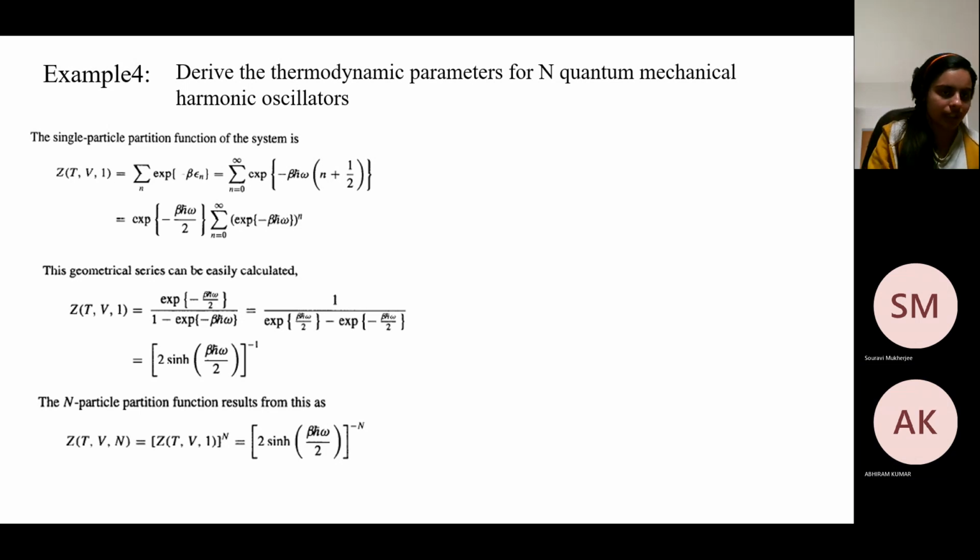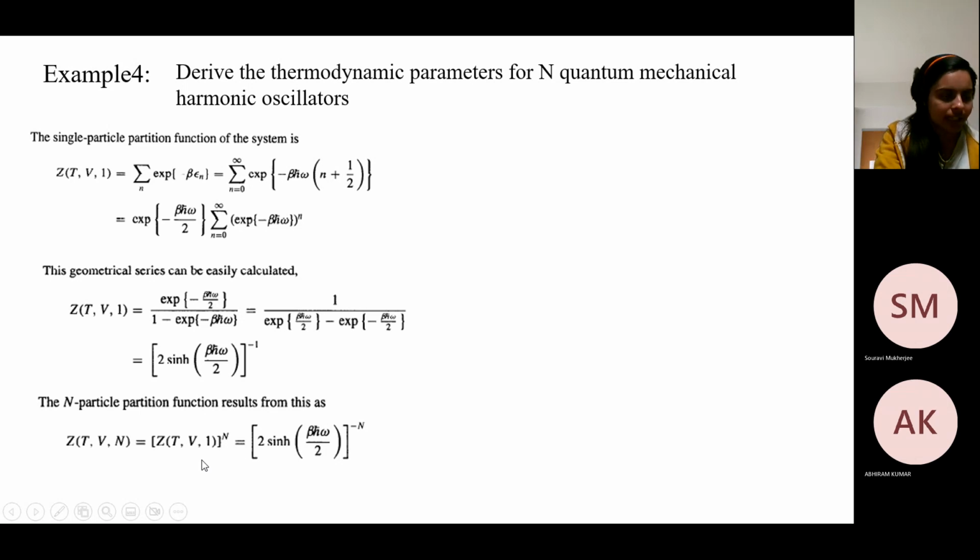So we do it for one particle and consider that each particle will have the same distribution, so we do the power n. This is possible when we have non-interacting identical constituents. Here we have n identical non-interacting quantum mechanical harmonic oscillators. Only in that case this would hold.